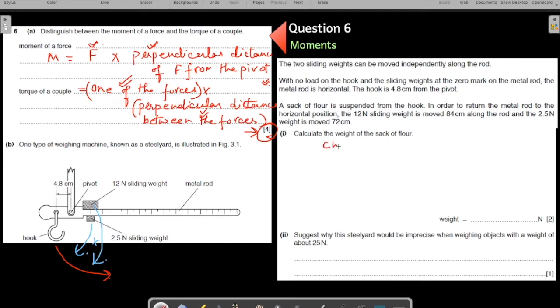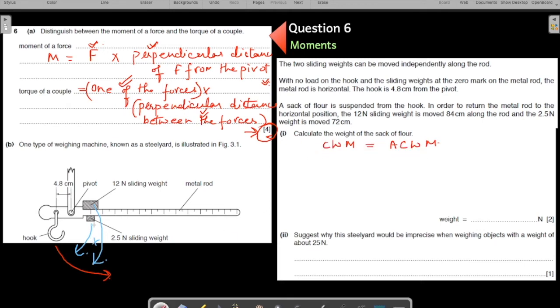So clockwise moment, please write in the expanded form, should be equal to anti-clockwise moment. Do not write in the short form in your notebooks. This is for my explanation purpose and to save your time that I'm writing the short form. But please do remember my strict instruction to you all, you'll write everything in full form, otherwise you'll lose marks.